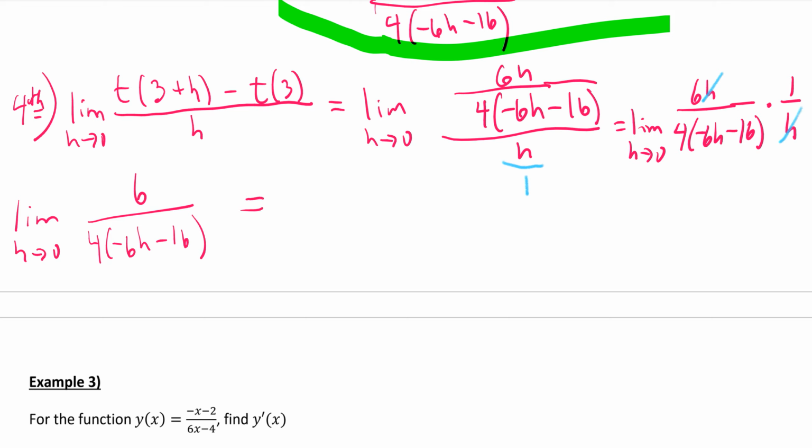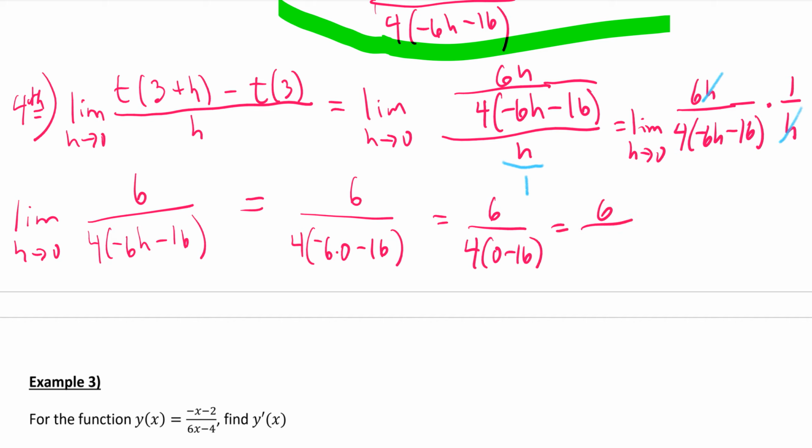Now we can plug 0 in for h, and then we'll be in business. So that's going to be negative 3 over 32.